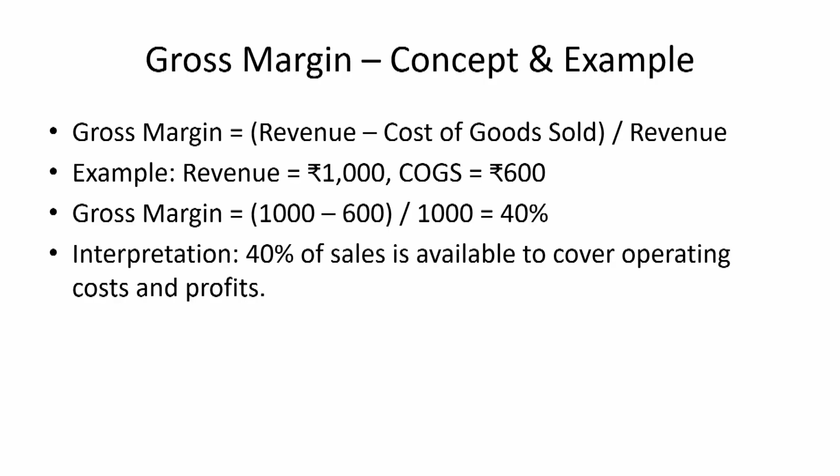Let us first try to understand what gross margin is. Gross margin focuses on production or service delivery efficiency. It compares revenue with the cost of goods sold. Higher gross margins indicate better pricing power or cost efficiency. Gross margin includes the cost of material, the cost of labor and sometimes the factory overhead.